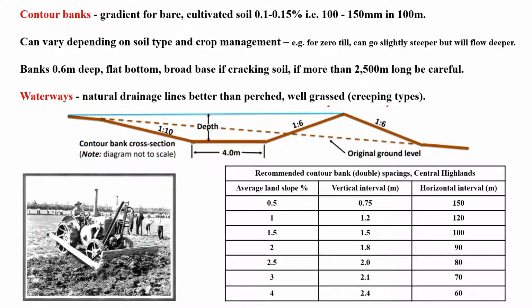The spacings, we've got the spacings here for different land slopes, recommended spacings, and that's for a length of 800 metres or 1,000 metres, kilometre long, the sort of dimensions you need to hold. That's for a 10-year rainfall event.